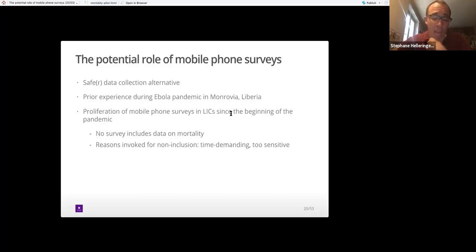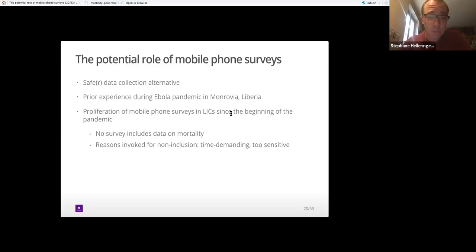And since the beginning of the COVID-19 pandemic, there's been a proliferation of mobile phone surveys in low-income countries in Africa and South Asia to cover a very broad variety of themes, from economic activity to family planning, gender, other health issues, vaccination, and so on and so forth.